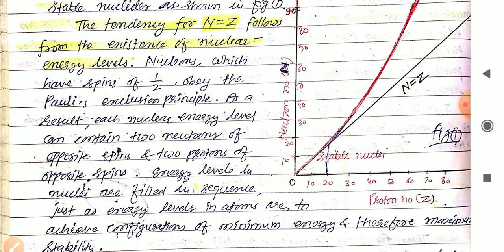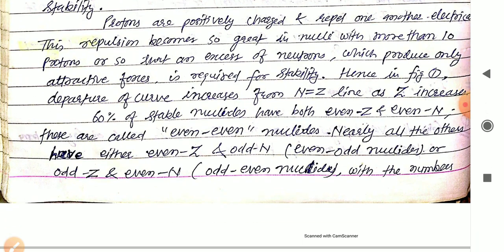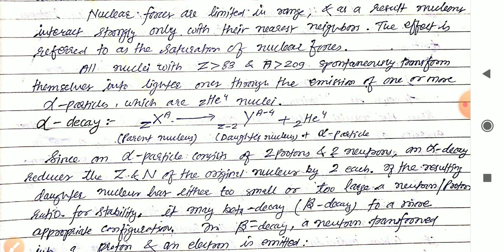So the nucleus in which nucleons are unpaired is less stable, and this less stable nucleus shows alpha and beta decay. By means of alpha decay, a nucleus emits two protons and two neutrons.